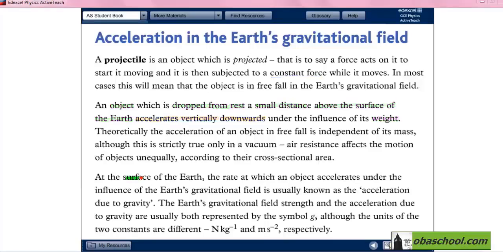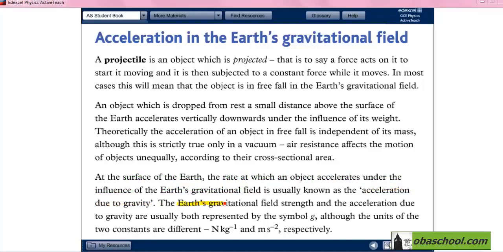Let's continue. At the surface of the Earth, the rate at which an object accelerates under the influence of the Earth's gravitational field is usually known as the acceleration due to gravity.